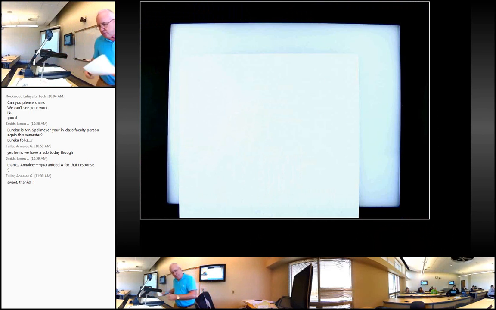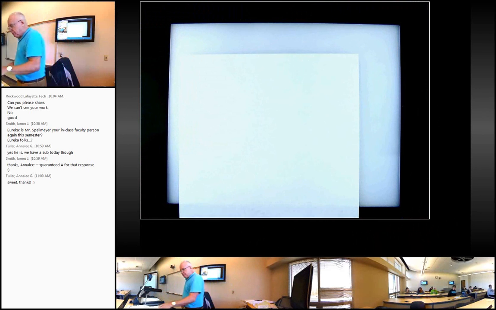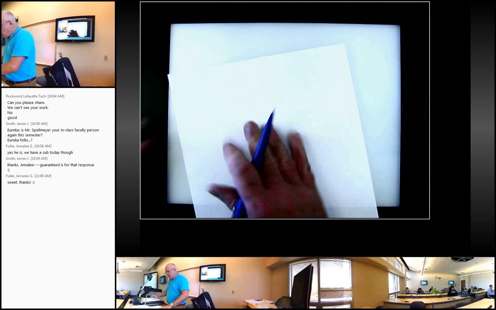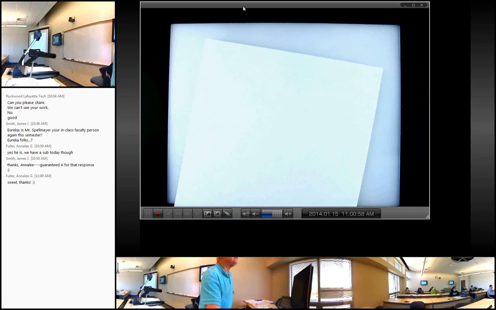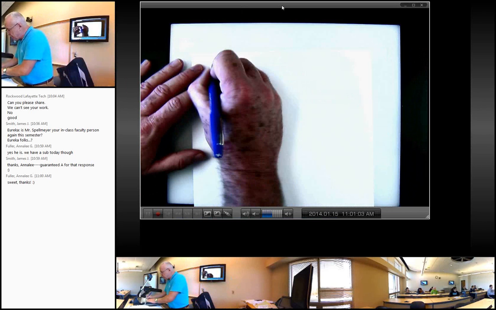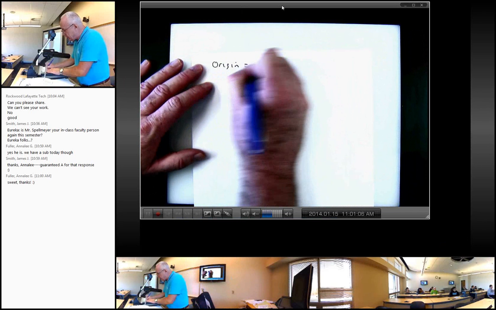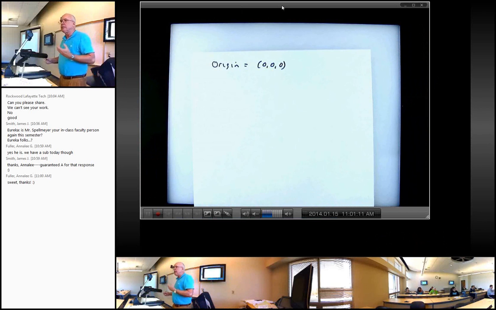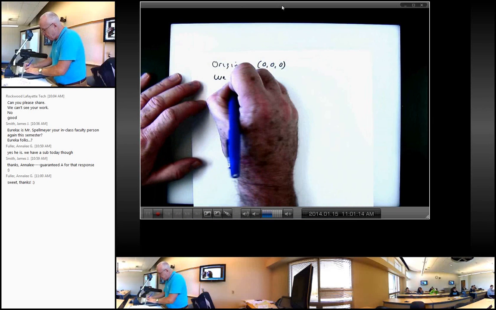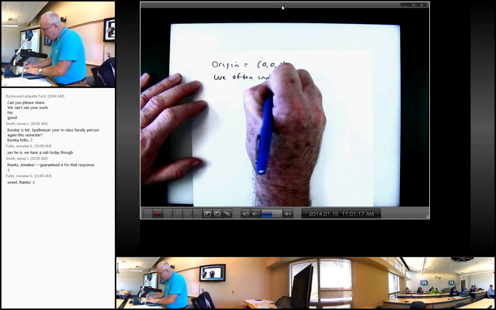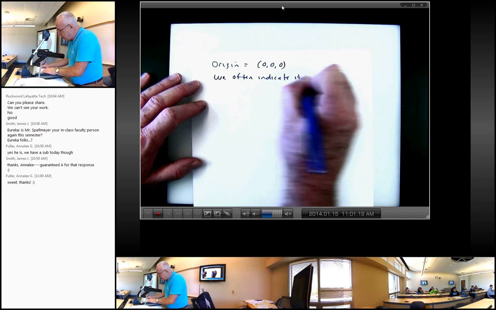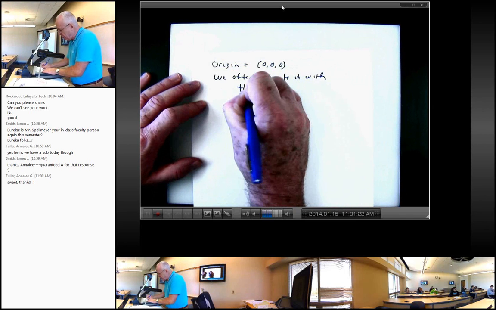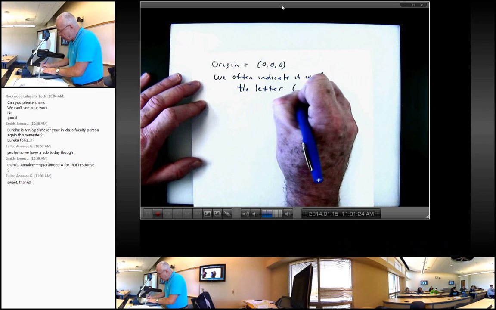So, one thing I want to say here is that usually we know that the origin here in 3D is 0, 0, and 0, and we often indicate it with the letter O. All right.